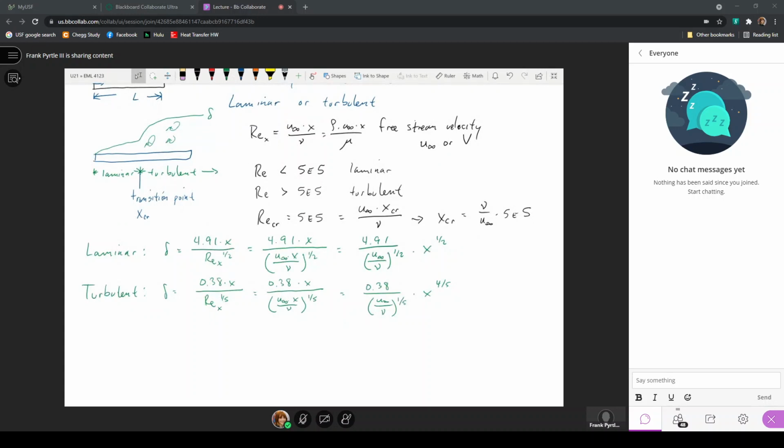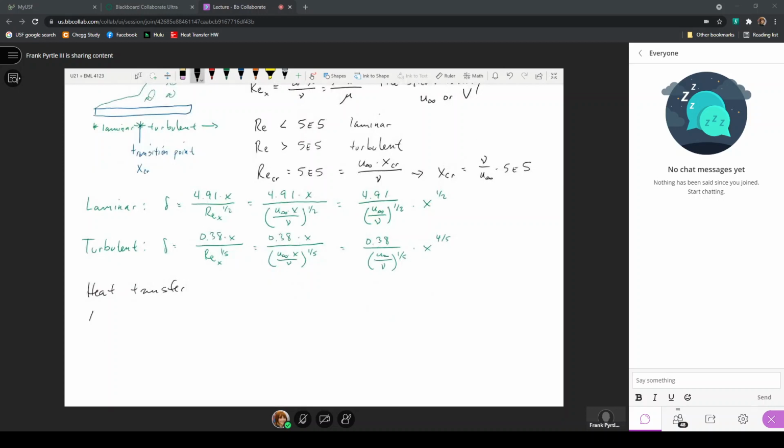Now, this boundary layer thickness, again, is just the hydrodynamics part of the problem. When it gets to the heat transfer part of the problem, this is a correlation that just defines the boundary layer thickness as a function of x, as the fluid flows parallel to the surface. For the heat transfer portion of the problem, correlations for the laminar and the turbulent flow conditions differ and are presented for these two flow conditions.